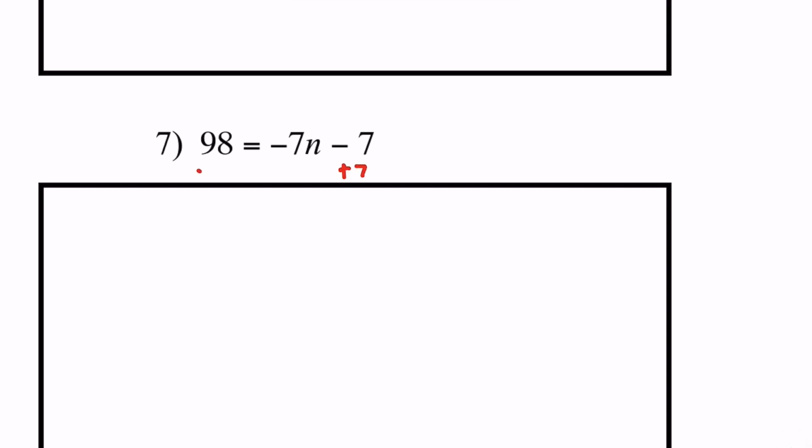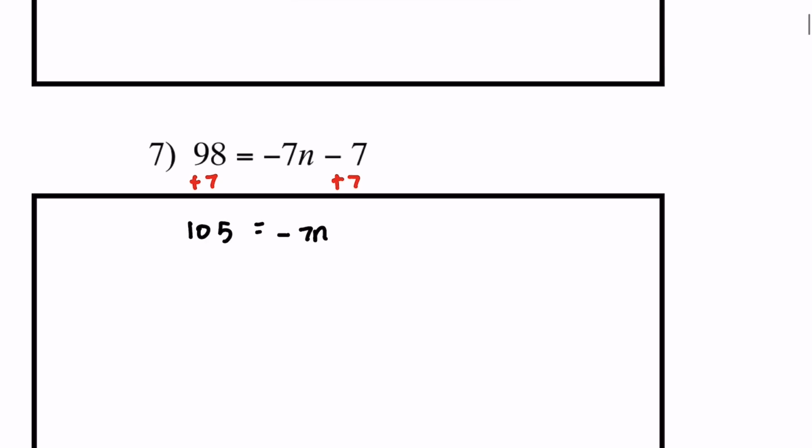Add 7 to both sides. And we get that -7n is equal to 105. And then divide both sides by -7. And we get that n is equal to -15.